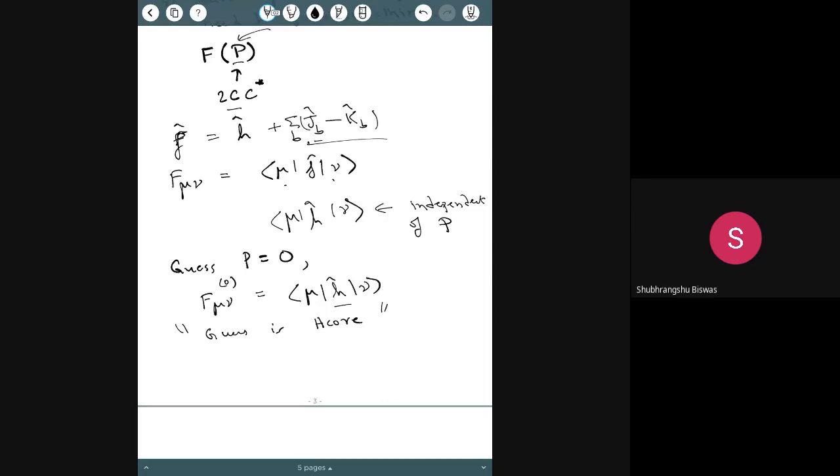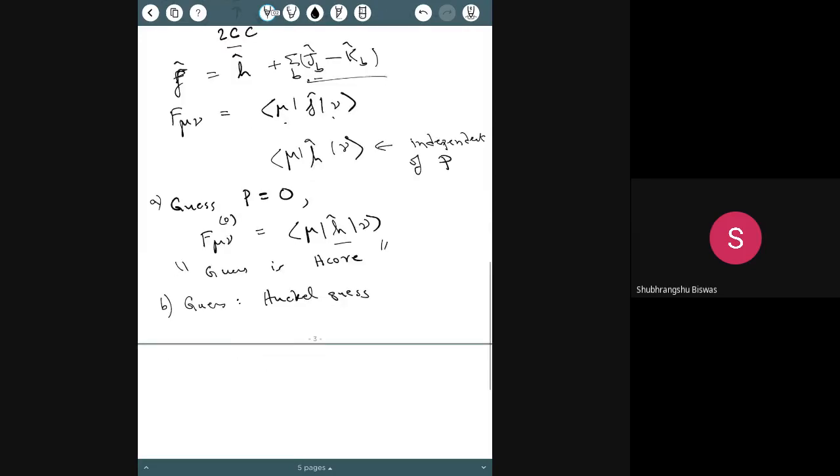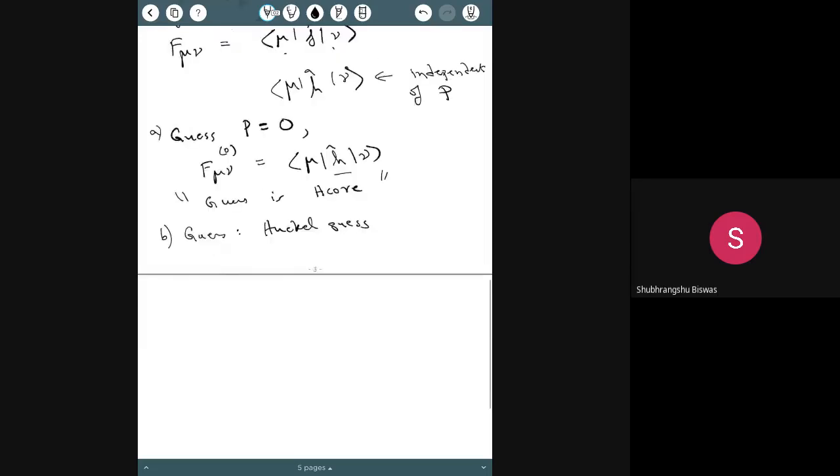So what are the other guesses available? So this is the most obvious guess. Another guess is what is called the Huckel guess. So the Huckel model is a sort of intuitive model for molecular orbitals of molecules.